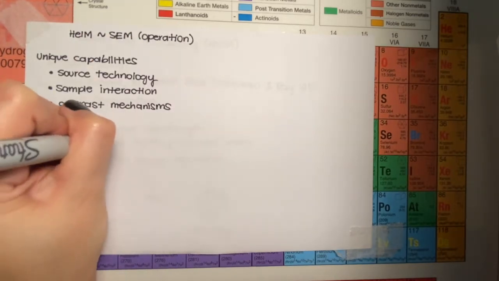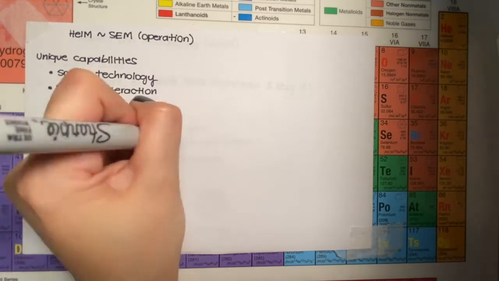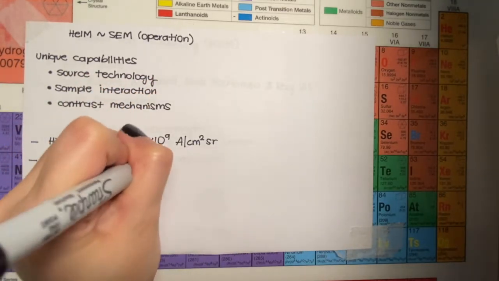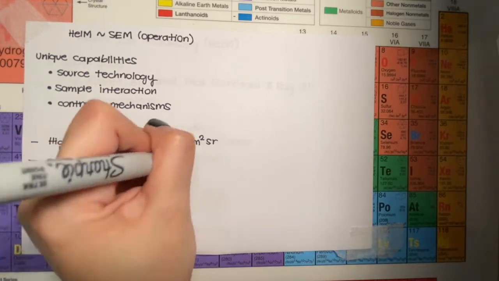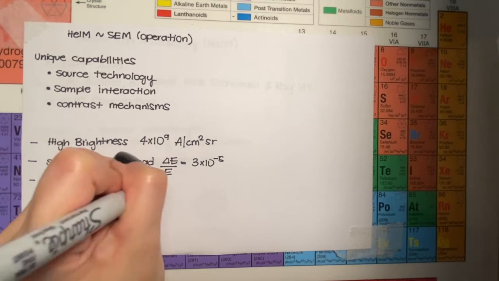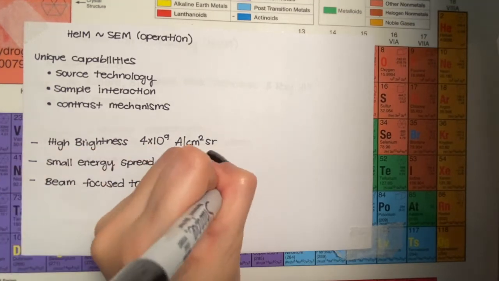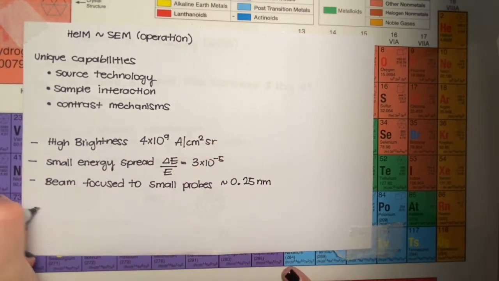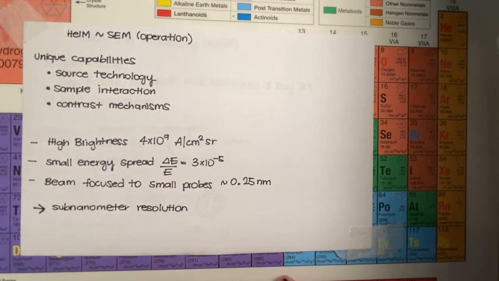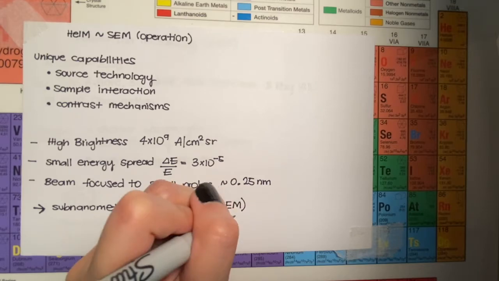The helium ion source offers high brightness and also a small energy spread, allowing the beam to be focused to small probe sizes around 0.25 nanometers. It can produce images with sub-nanometer resolution, which is up to 4 times better than an SEM.